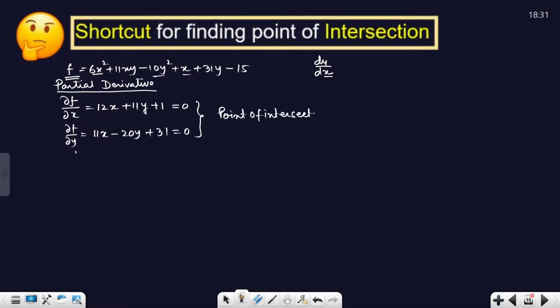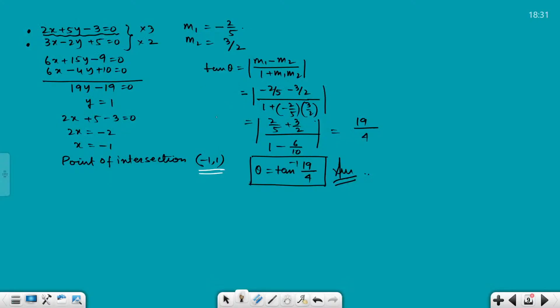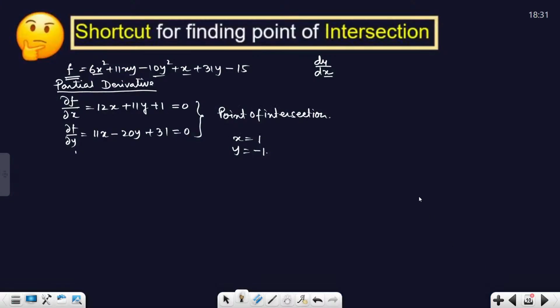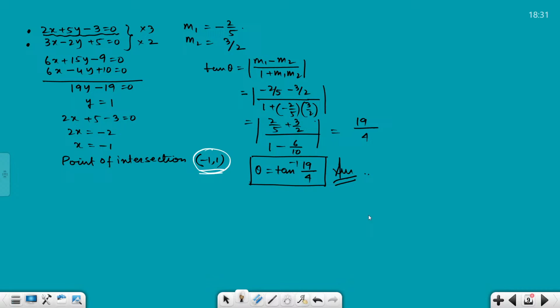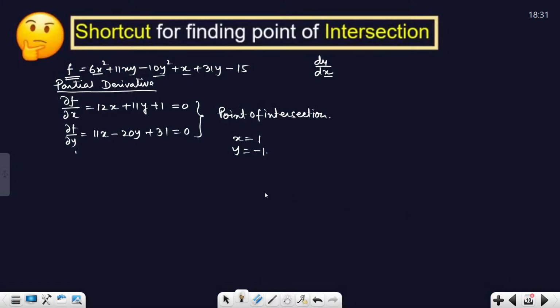Now, if you solve this, you will definitely get x equals minus 1 and y equals 1. That's exactly what we got here. X is minus 1, y is 1. Yes or no? Please check this one.